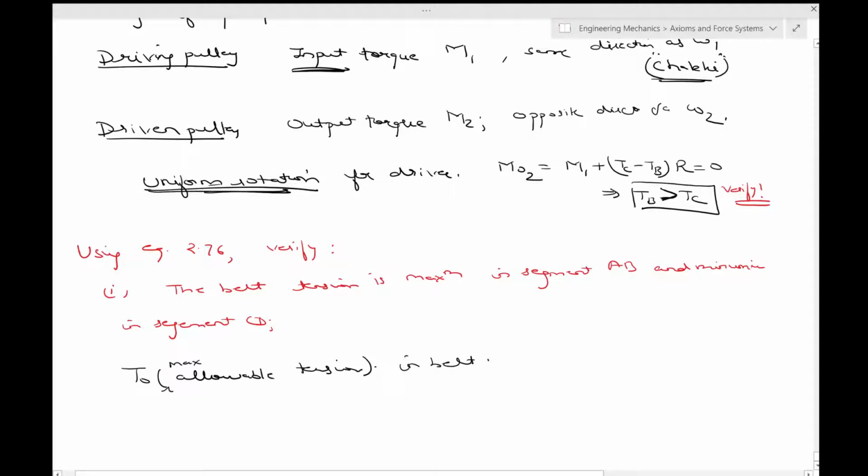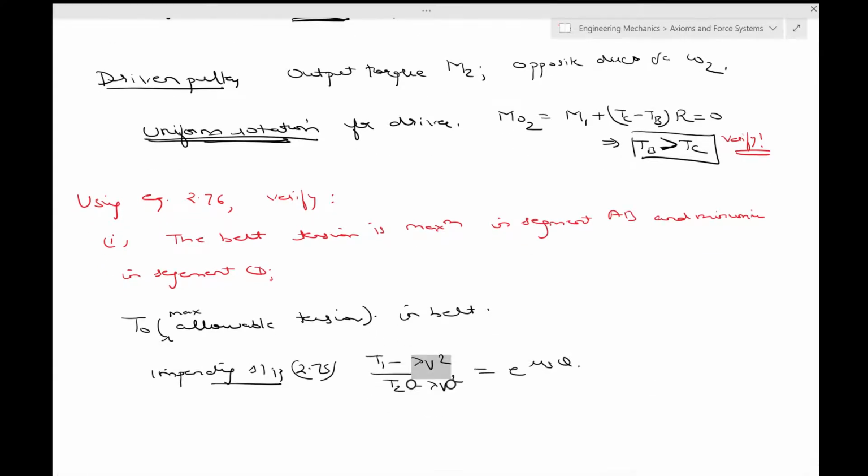So you want to take the case of, say, impending slip. T1 minus lambda v square by T2 minus lambda v square, so this is equation 2.75, equal to e to the power of mu s theta.